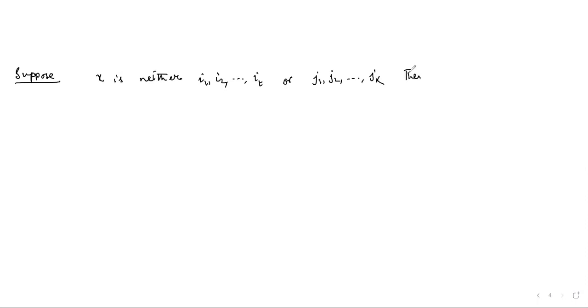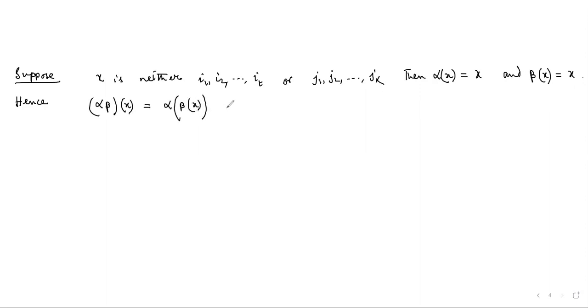Then alpha X will be equal to X and beta X will be equal to X by the definition of alpha and beta. Hence, alpha beta of X will be equal to alpha of beta X, but you know that beta X is X, so we can write it as alpha X, and you also know that alpha X is X, so it is X.